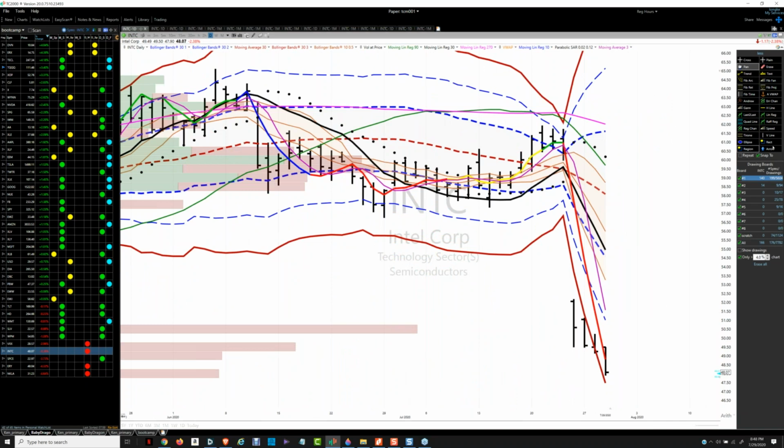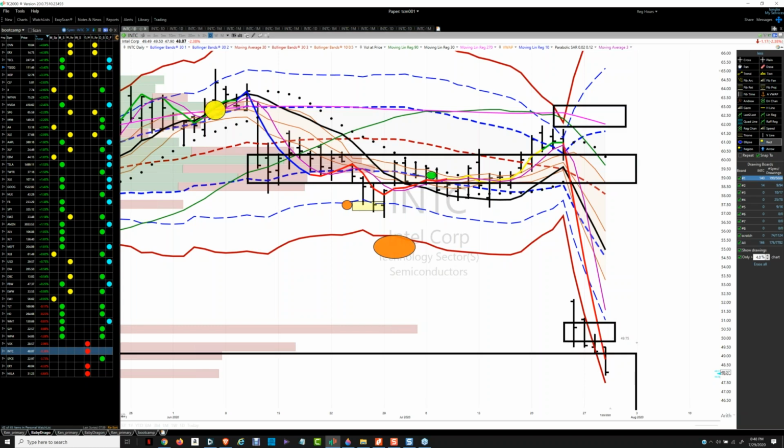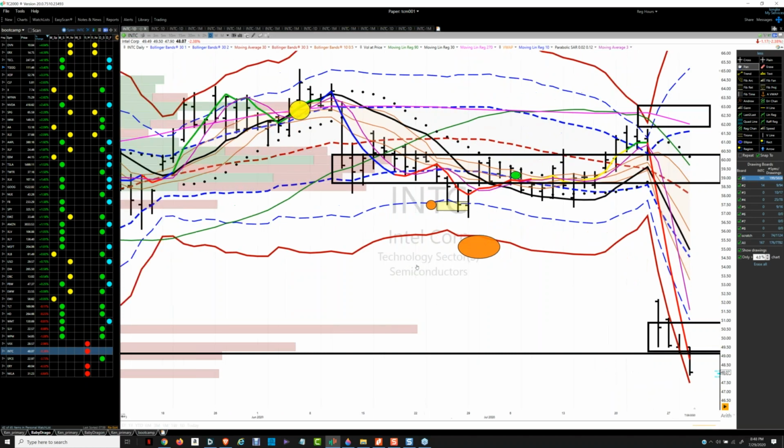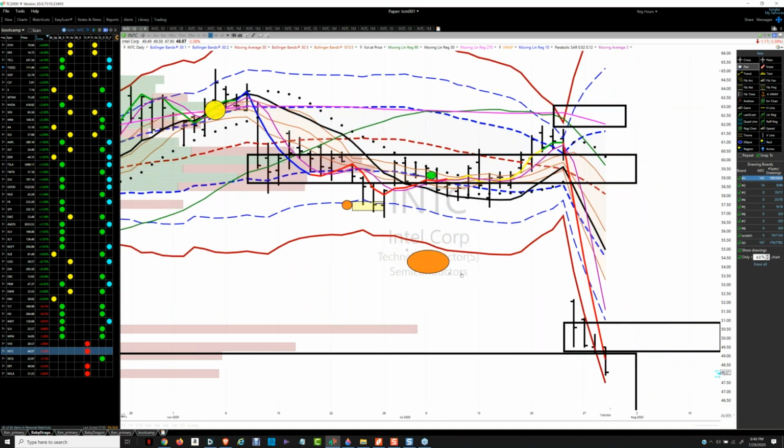And we've been watching this series of lower lows, and what we said was it really had to hold 49 or 49.50. So today was the big breakdown, not the only big breakdown, but a serious break.